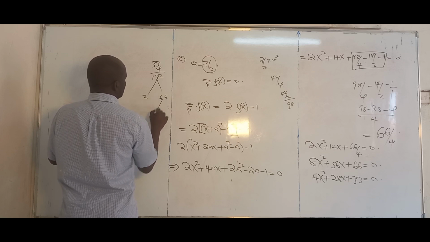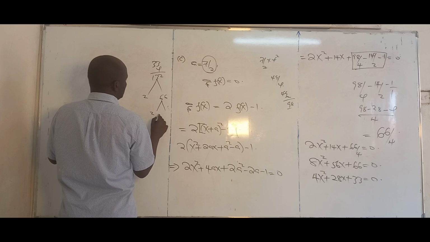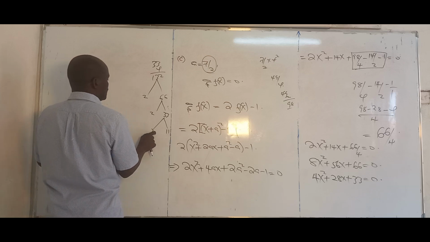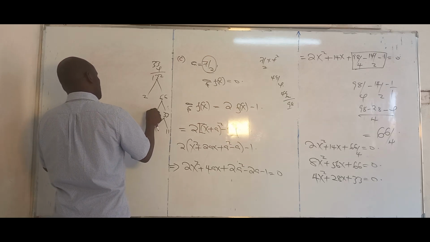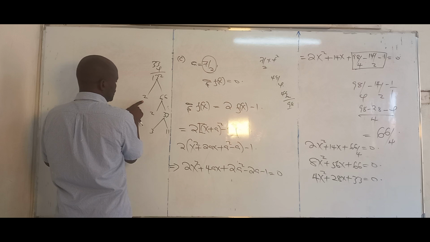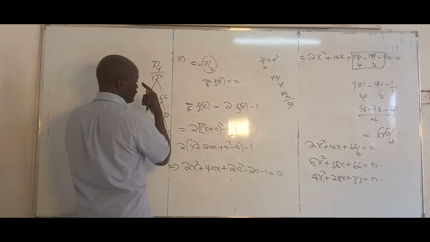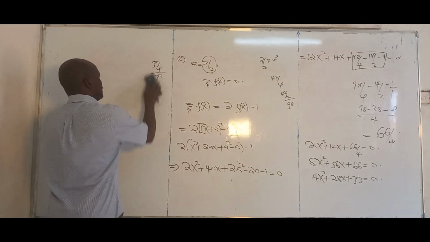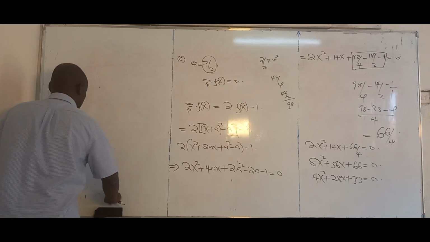So we have 6, 12 and 11. No, 12 and 11 cannot be. So let's straight away get to the quadratic formula.